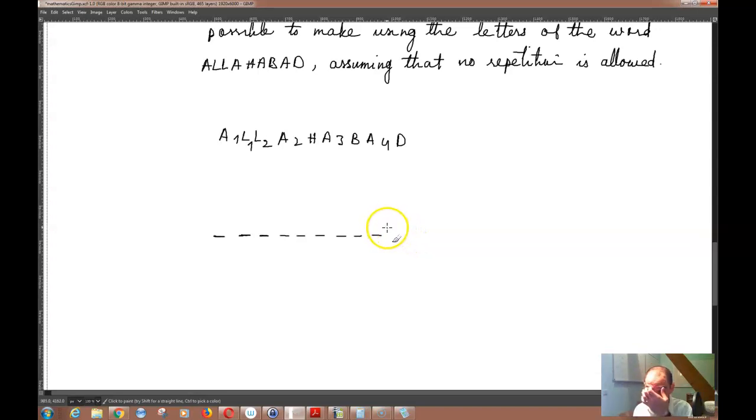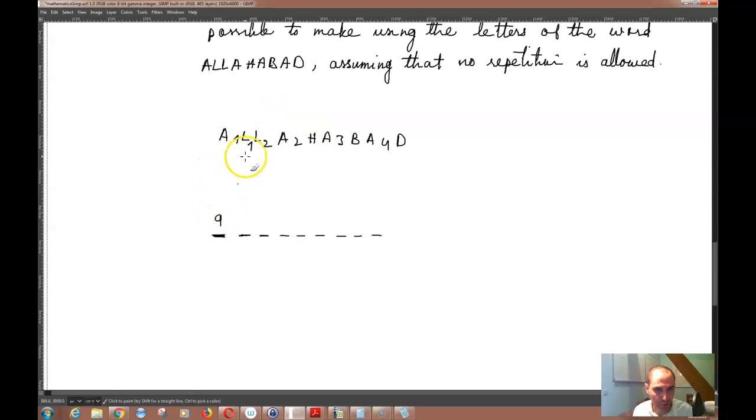So for the first placeholder when I want to make these new words, I have 9 different ways of filling it.